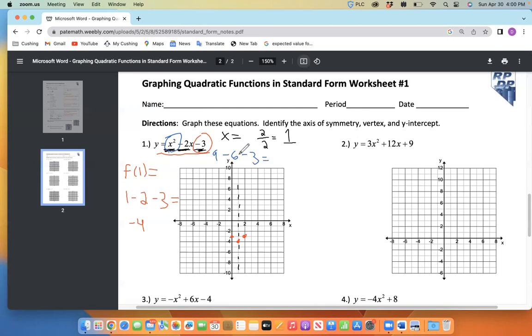So 9 minus 6 is 3, and 3 minus 3 is 0. So when x is 3, y is 0. That's the point right there, (3, 0). And I can also mirror it: 1, 2, 1, 2.